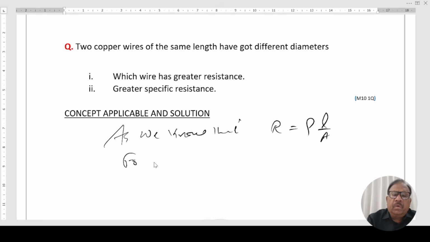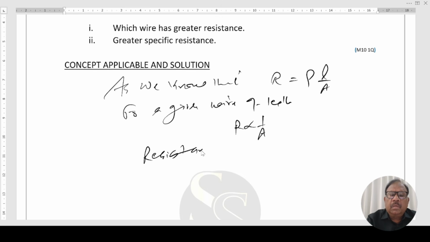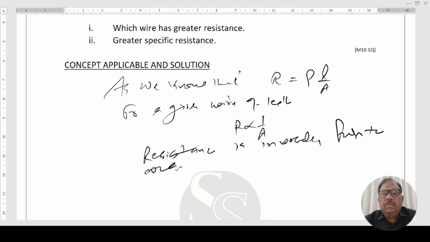For a given wire of length, R is proportional to 1 upon A. Means resistance is inversely proportional to area.